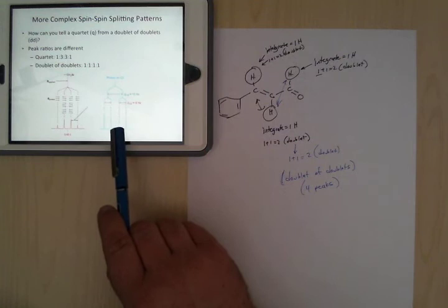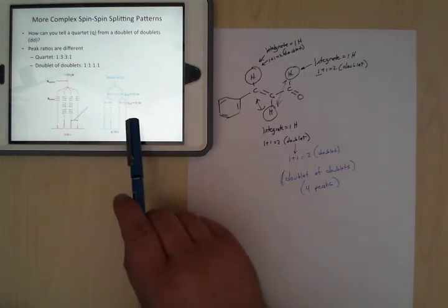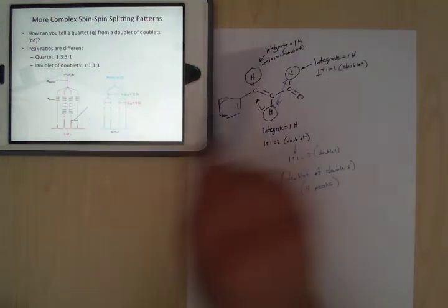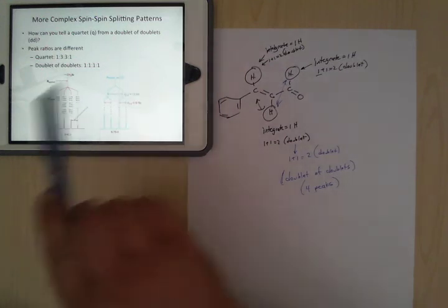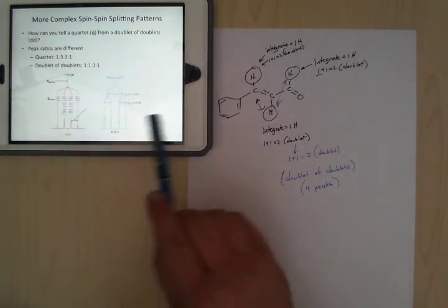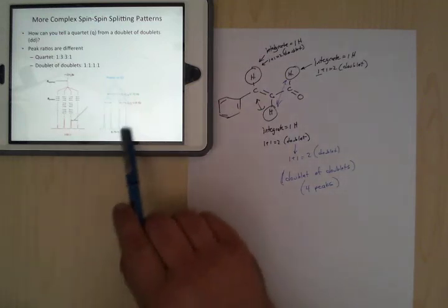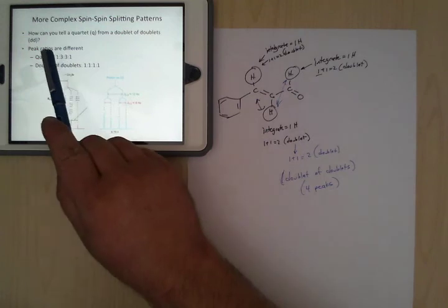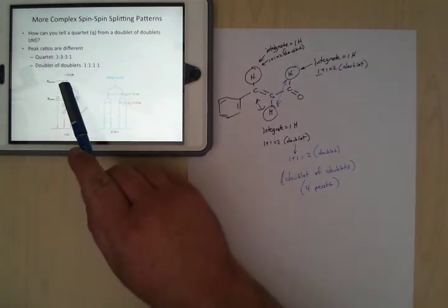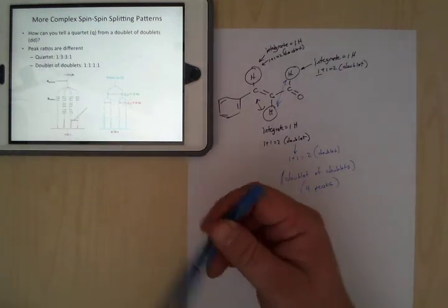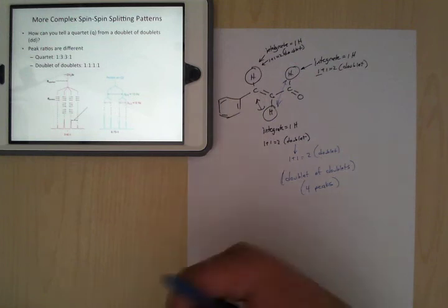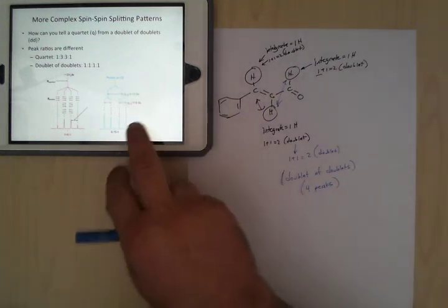It gets a little more complicated than that, but roughly they're all equivalent to each other, so it's going to be flat. So it's not quite as easy to see on this one here. But I will tell you if it's a quartet or a doublet of doublets on the exams, so you don't have to worry about that.